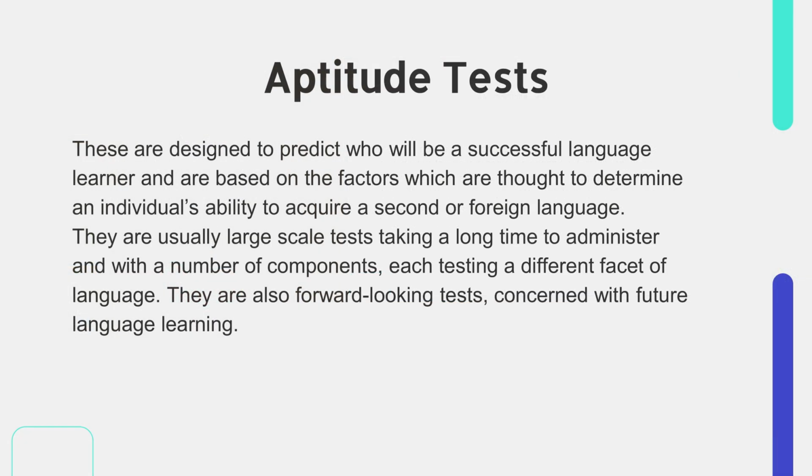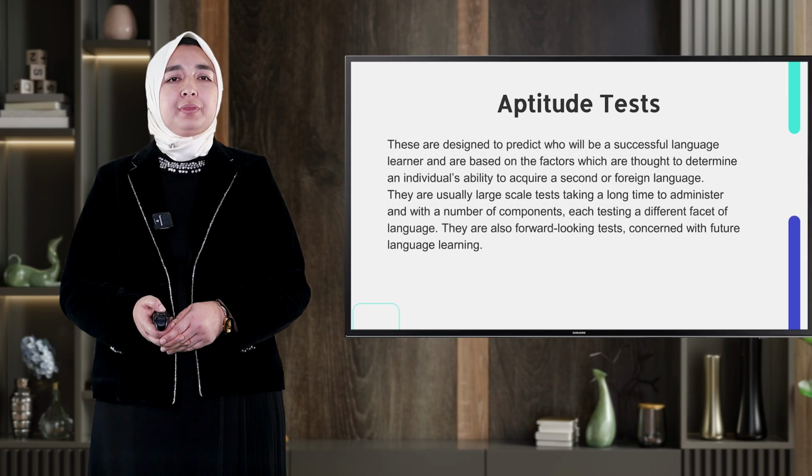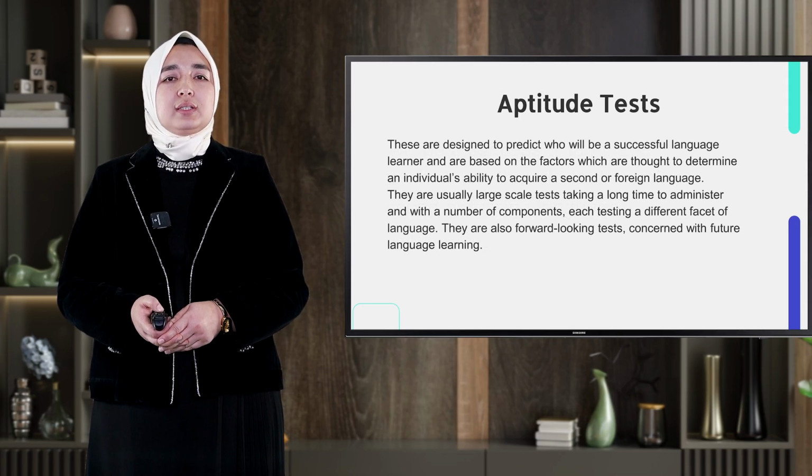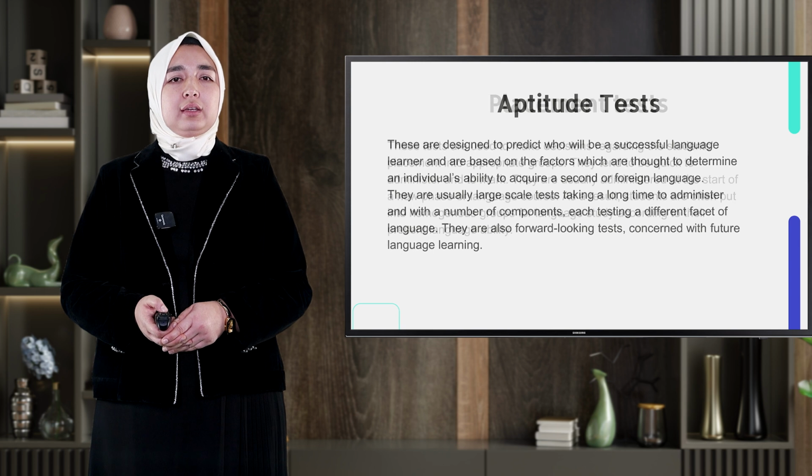They are usually large-scale tests taking a long time to administer, with a number of components, each testing a different facet of language. They are also forward-looking tests concerned with future language learning.